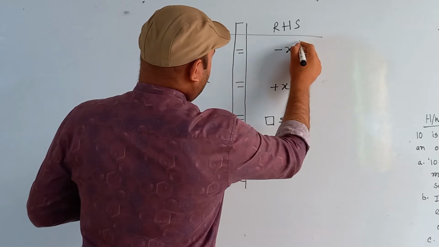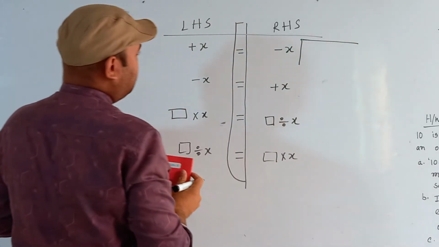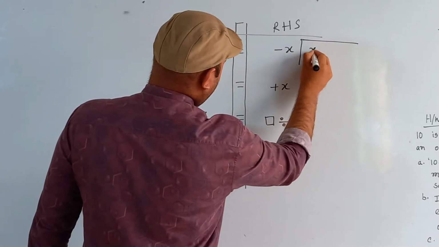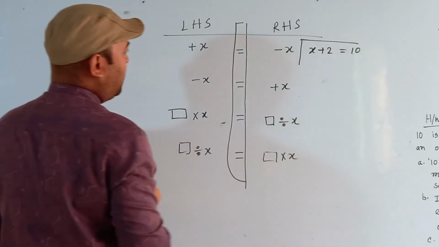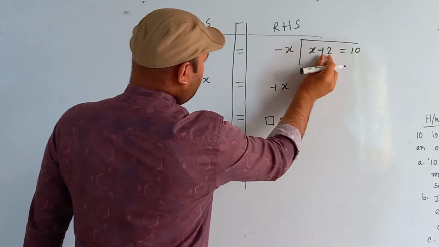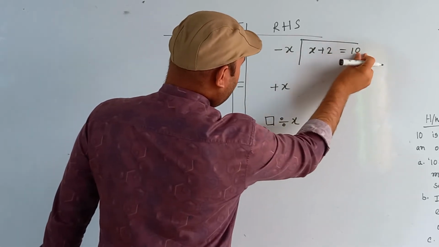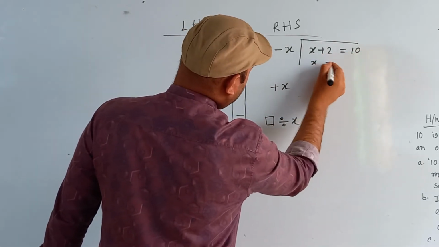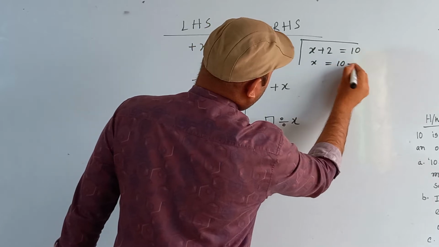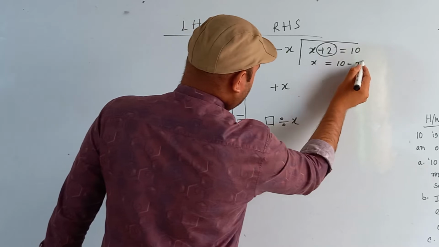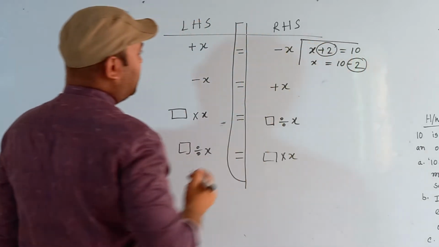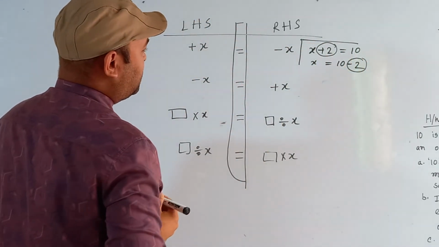Look here as an example, if I write x plus 2 is equal to 10, and I want to transfer plus 2 to the right hand side, then it will be x is equal to 10 minus 2. Here it is plus 2, after taking it to the right hand side it has made minus 2.